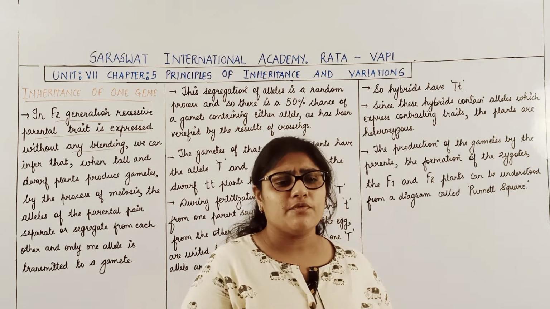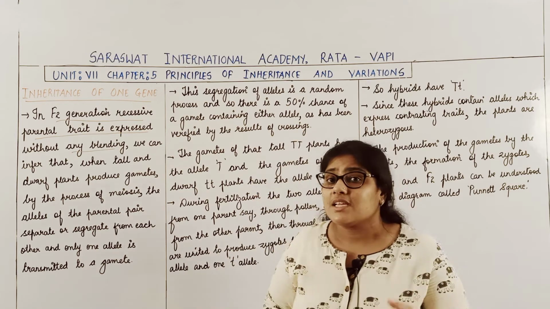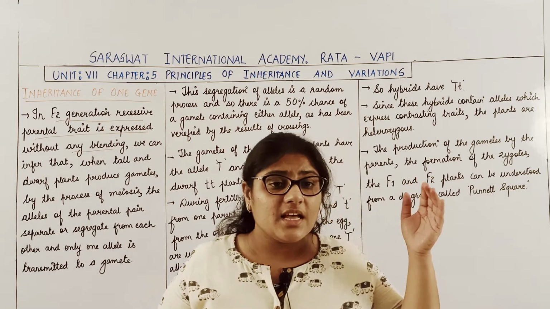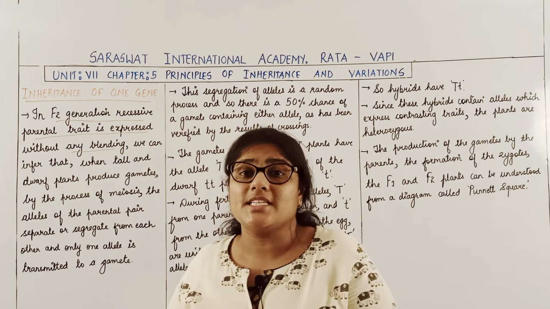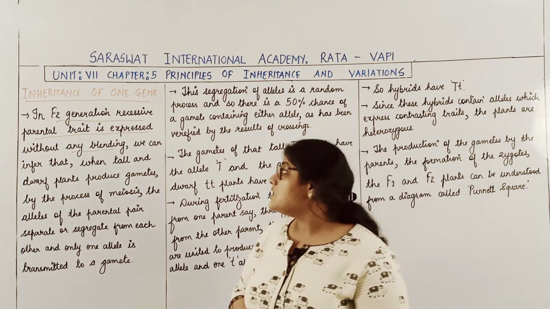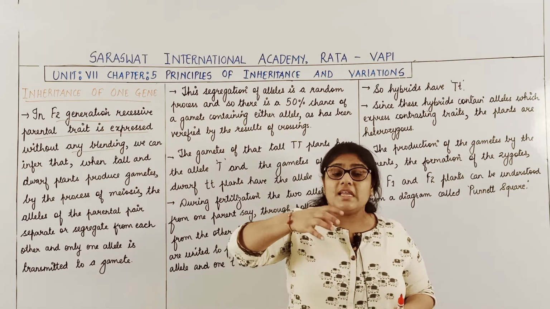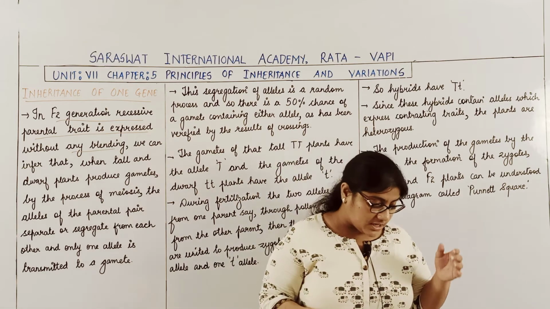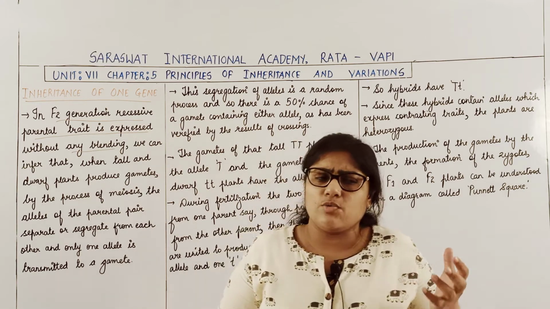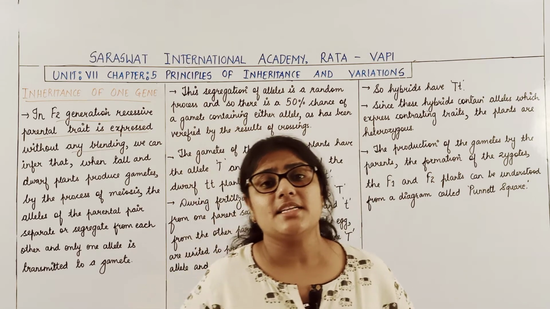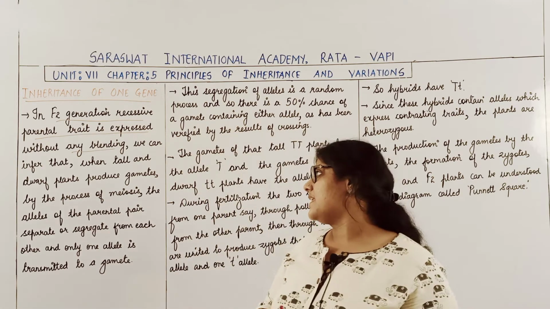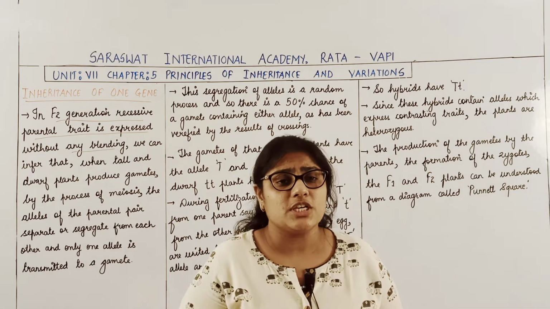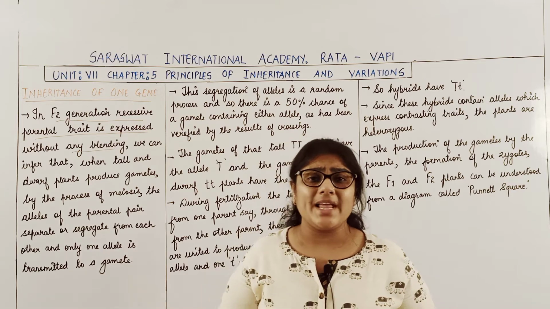But in the F2 generation, the dwarfness character, which was hidden and not expressed in the F1 generation, got expressed. So the dwarfness was the recessive parental trait, and it got expressed in the F2 generation without any blending.